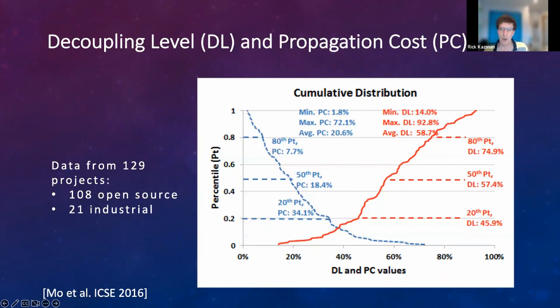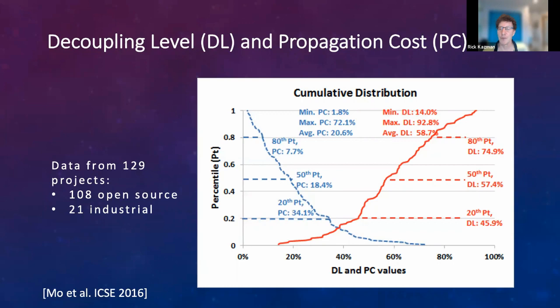We developed this in 2016, and we've done a lot of analyses. Here's an example of a cumulative distribution looking at 129 projects, 108 open source and 21 industrial. And you can see the red line here is the decoupling level line. And I should say that the higher the number, the better.